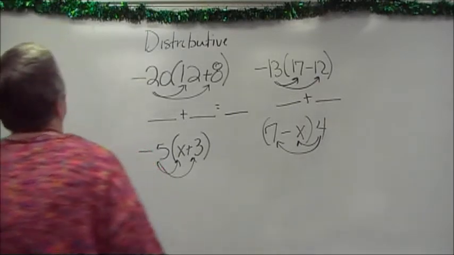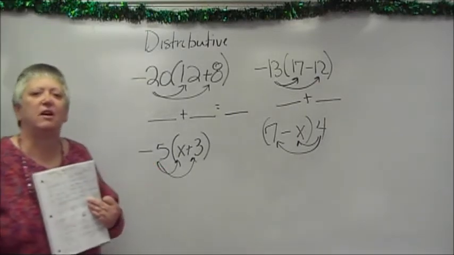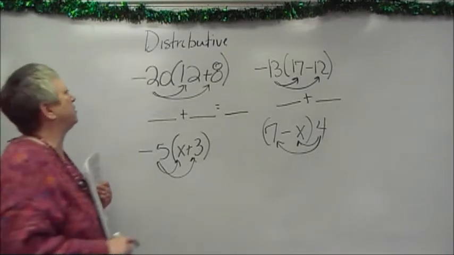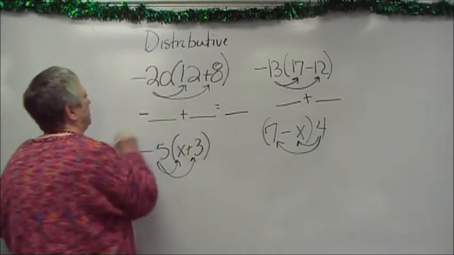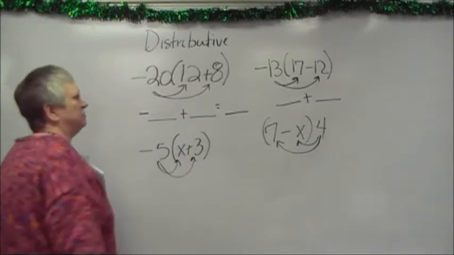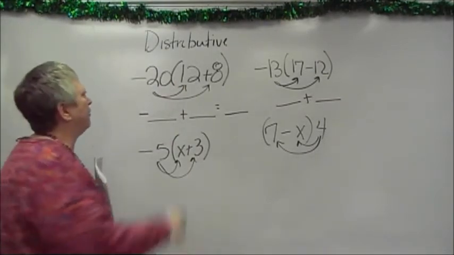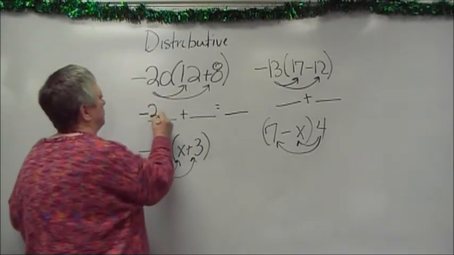Okay, back to it here. I want you to let me know, say what the numbers are. If you've got a negative times a positive, there's going to be a negative number. What's 20 times 12? And if you didn't have a calculator, 2 times 12 is 24.